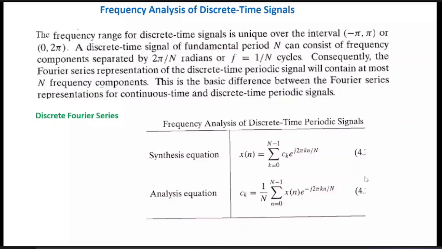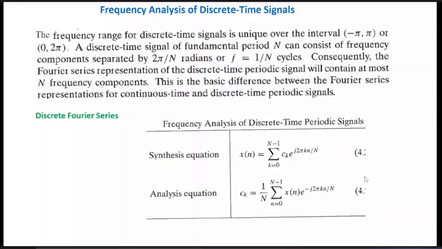Fourier series is meant for periodic signals. Maybe the signal may be continuous or discrete. So the Fourier representation for a discrete signal is called discrete Fourier series.